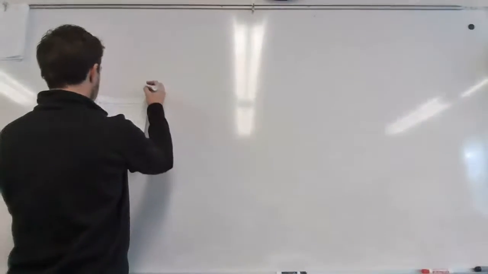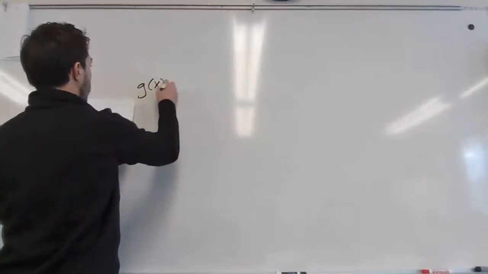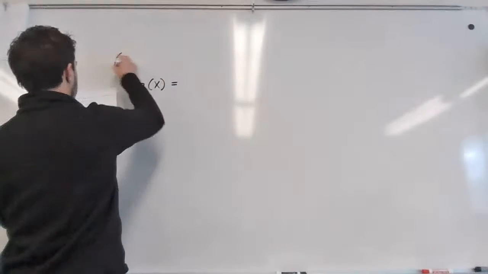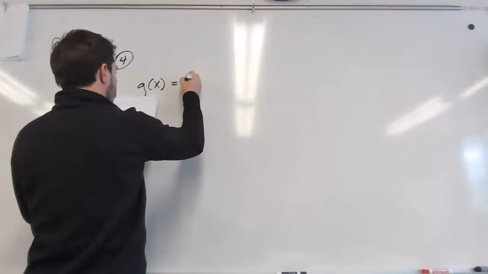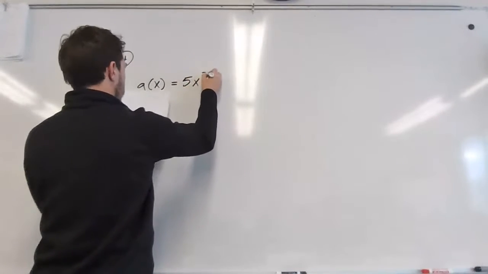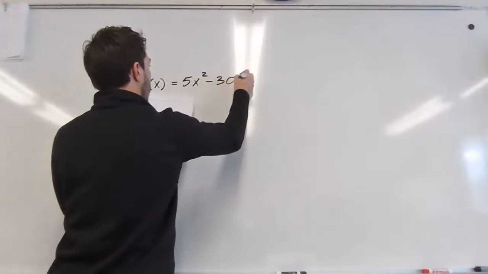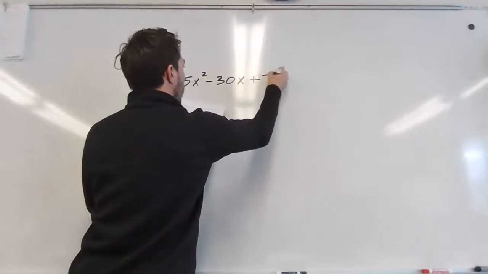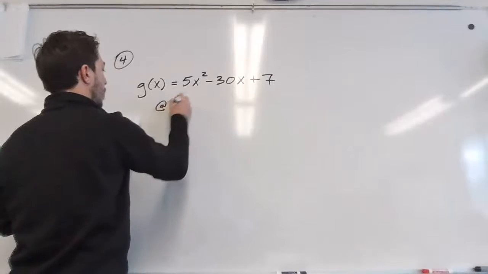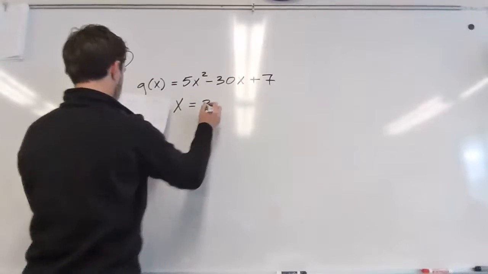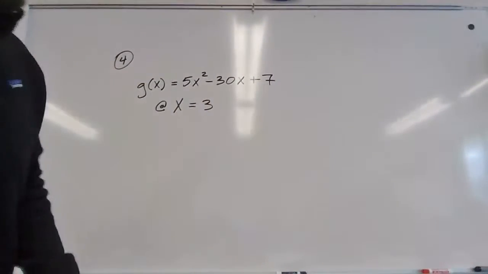So here, g of x. So it's asking for the normal line.